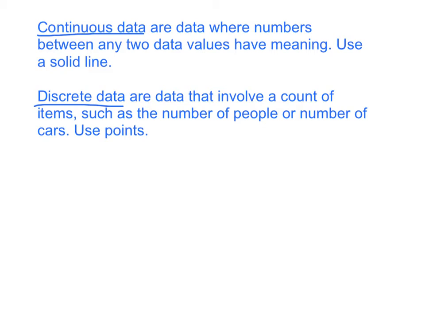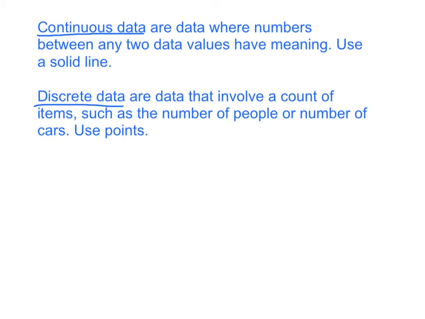Discrete data are data that involve a count of items, such as the number of people or the number of cars. For example, if I am talking about how many people are going to the movies on a Friday night, you are not going to connect the dots, because if you connect the dots, you are meaning that anything on that line is a solution, which means decimals and everything else. Well, you can't have 5.7 people at the movies. So you are going to represent that only with dots and not by connecting the points to make a line.